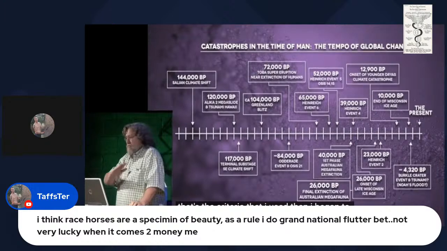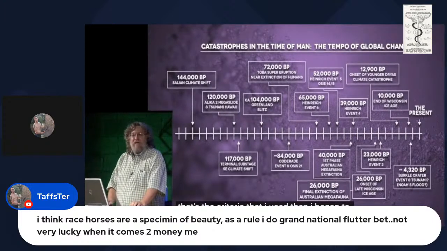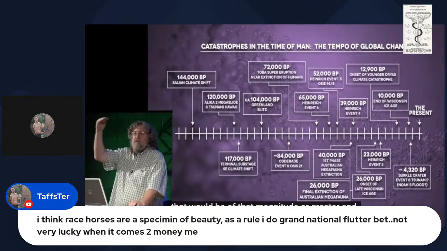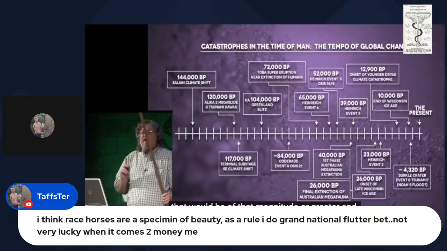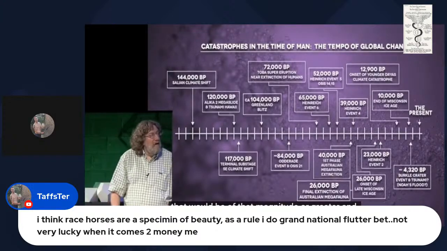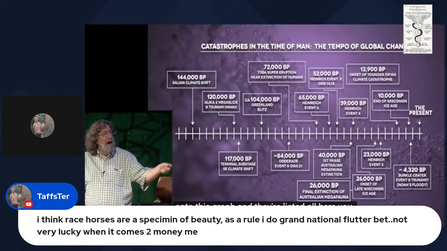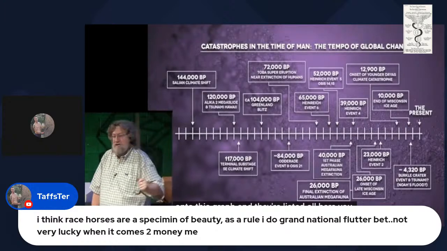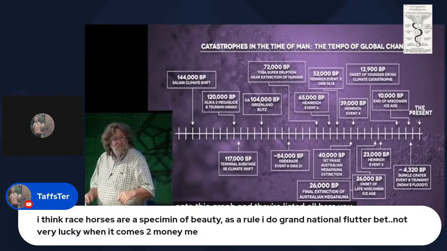Then I began to search through the record of all of the events that would be of that magnitude or greater. And the events that I found so far have been entered onto this graph, and they're listed all here. You can see them. And how many do we have here?